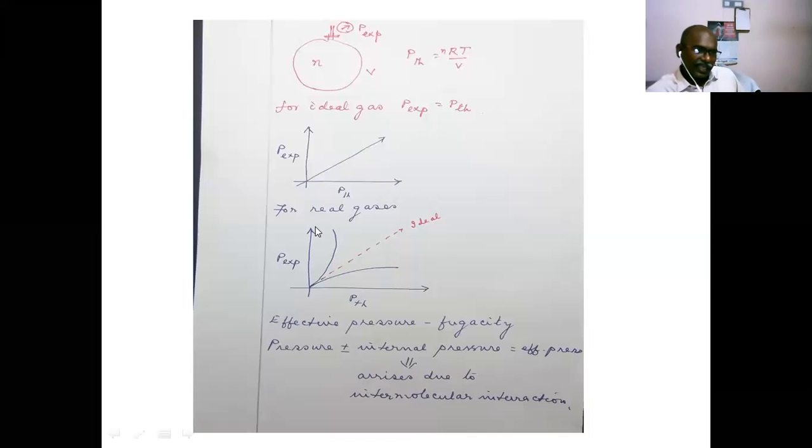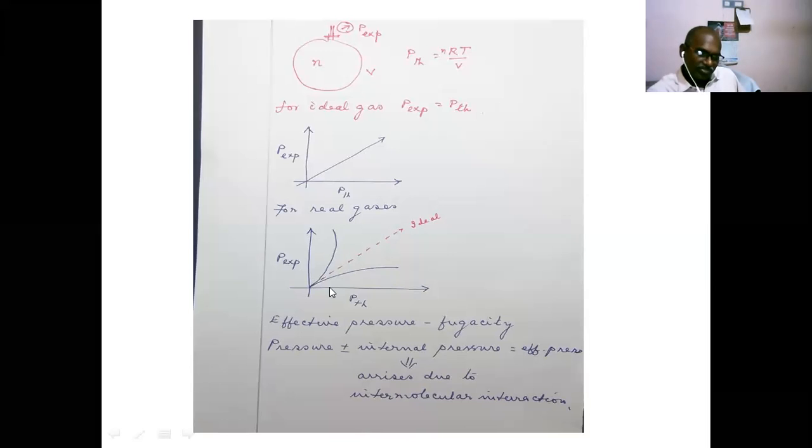So when you take a real gas, the experimental and the theoretical, the ideal gas line is this, but real gas lines will be getting deviated from the ideal gas line like this.